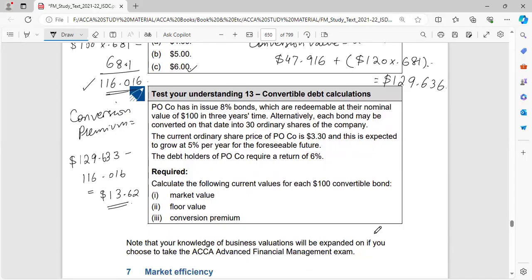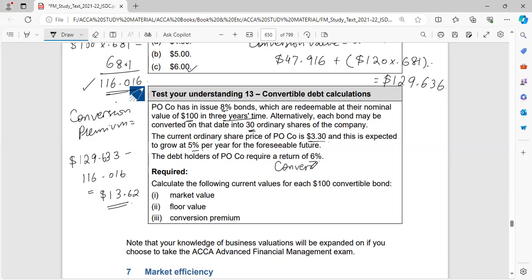In the next case, he says to calculate these values. 8% bond issue, $100 nominal value, 3 years time, 30 is the ordinary share conversion ratio, current share price is 3.3, and 5% growth rate. There are 3 options. First is called market value.